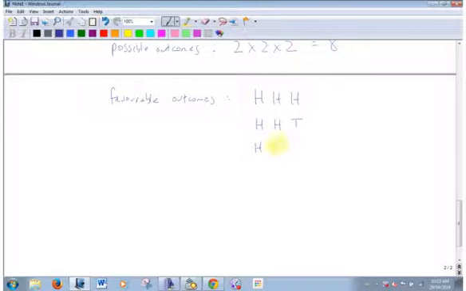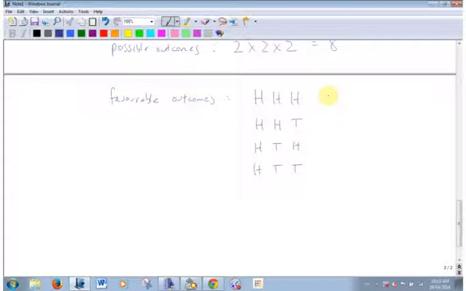Okay, could I get head, tail, head, and still have 2 heads? That's at least a head. That's fine, right? Or maybe I get a head, tail, tail. So that's 4 possibilities, 4 favorable outcomes where I got at least a head.